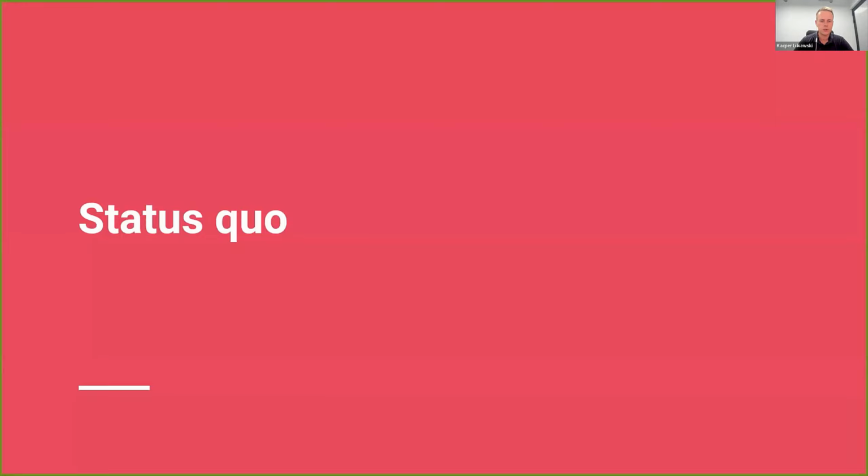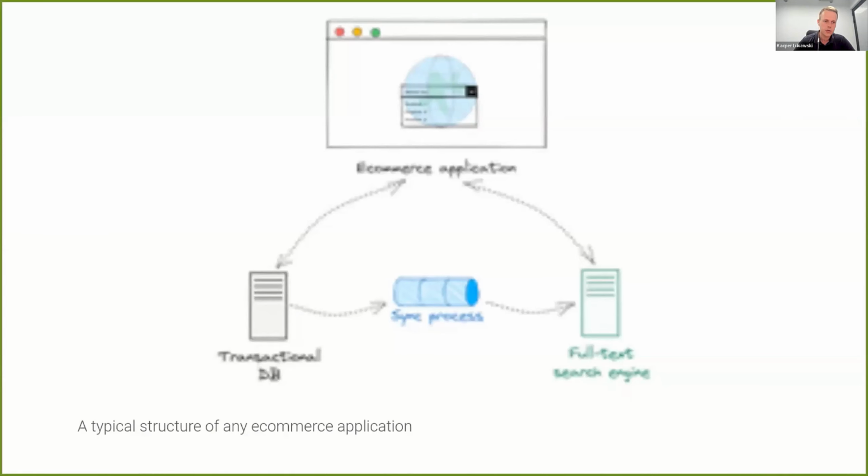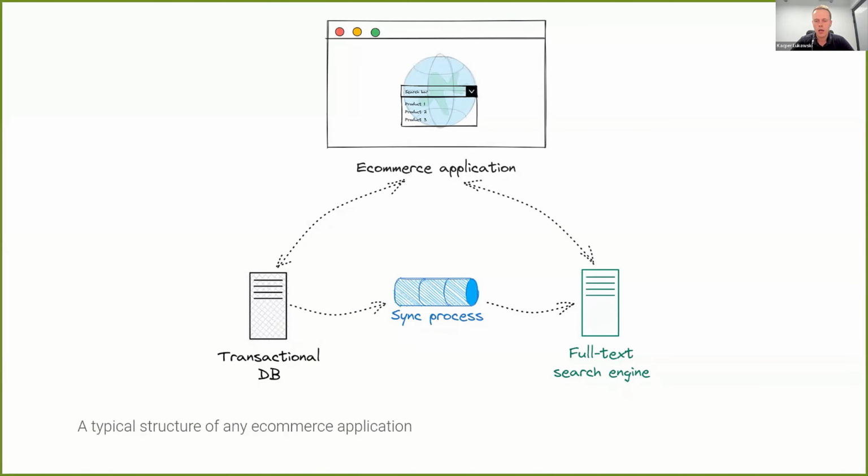Let's consider what is the status quo of any particular website that is selling some items. So basically, every e-commerce application, no matter if it's built using Magento or WooCommerce, Shopper, whatever tool you can imagine, will follow this simplified pattern.